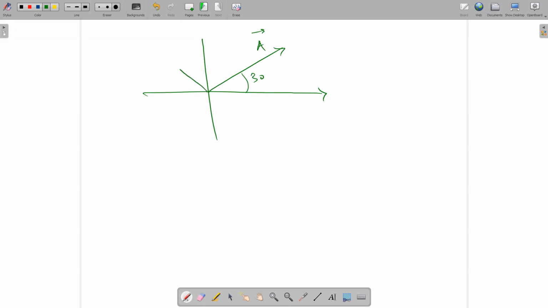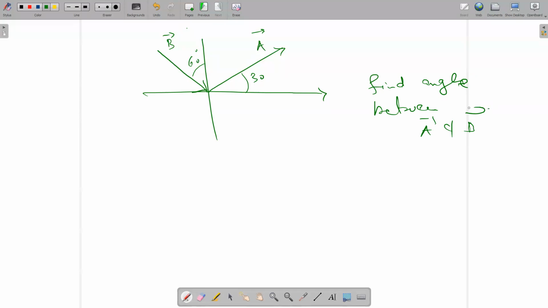And this is the B vector. Its direction is like this one, and it's making an angle of 60 degrees. Now the question is, find the angle between the A vector and the B vector.